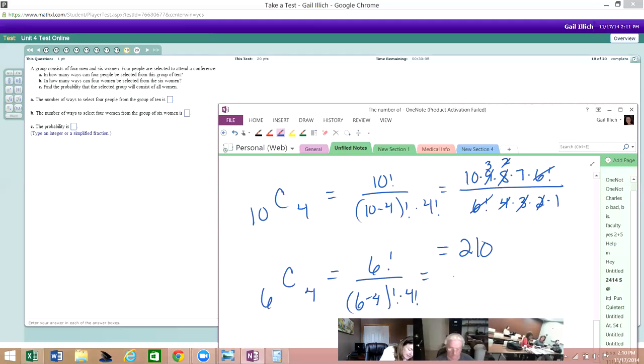So that's 6 times 5 times 4 factorial divided by 2 times 1 times 4 factorial. So I think I'm getting 15. Did y'all get 15? Yep. Okay. Now, part B, find the probability that the select group will consist of all women. So we're going to do 15 divided by 210, right? Yep. And now you have to reduce that.